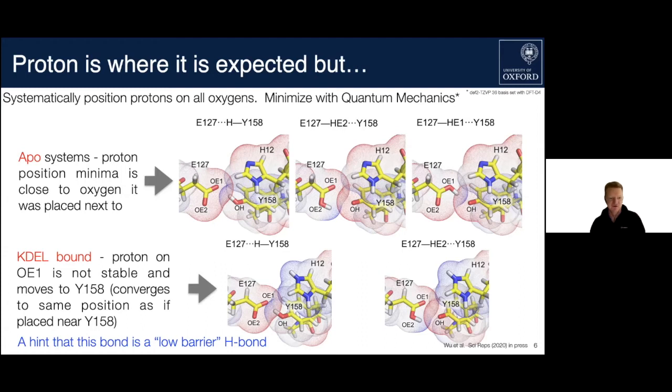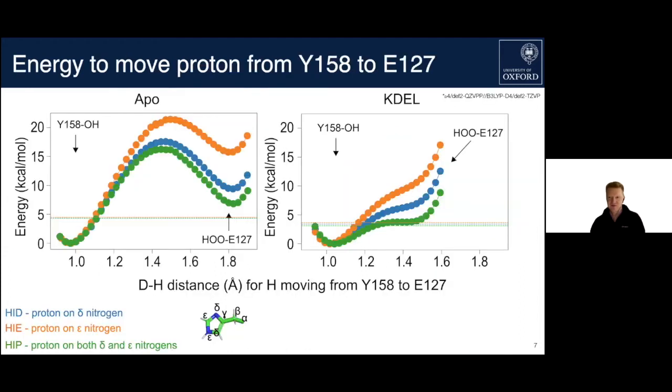So we did a few more detailed quantum mechanics calculations in this instance. This is a little bit of a complicated slide, but the idea here is that we look at the energy that's required to move the proton from being bound at the tyrosine, so that's this position here. Then we plot the energy as we move the proton, transferring it to one of these oxygens on the E127.